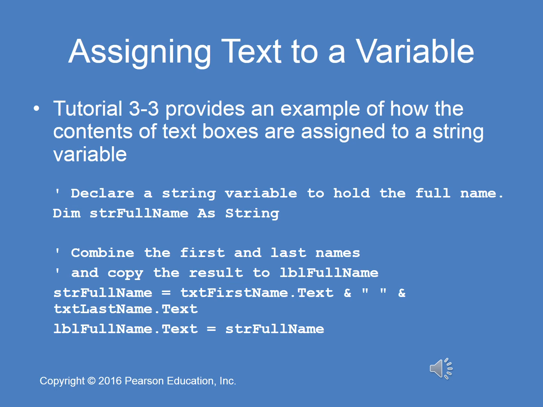We declare a string variable called strFullName in the event handler. Then we take the text property for txtFirstName and concatenate it with a string that contains just a space. Then we concatenate it with the txtLastName.Text property. We assign all that to the strFullName variable.